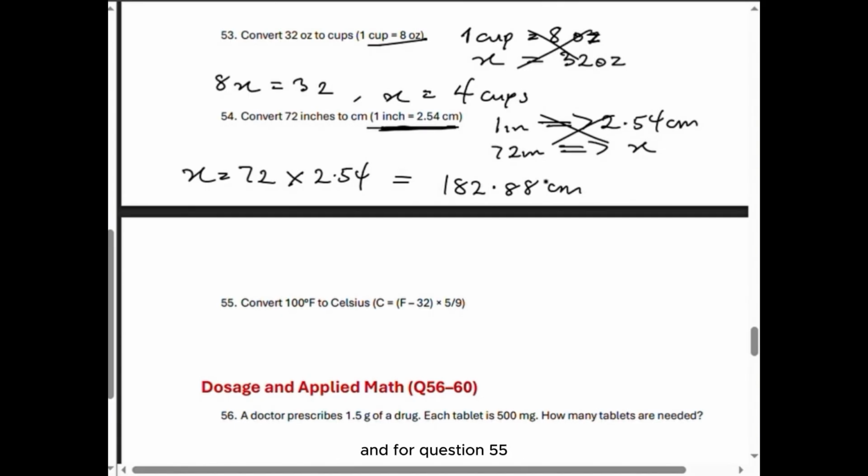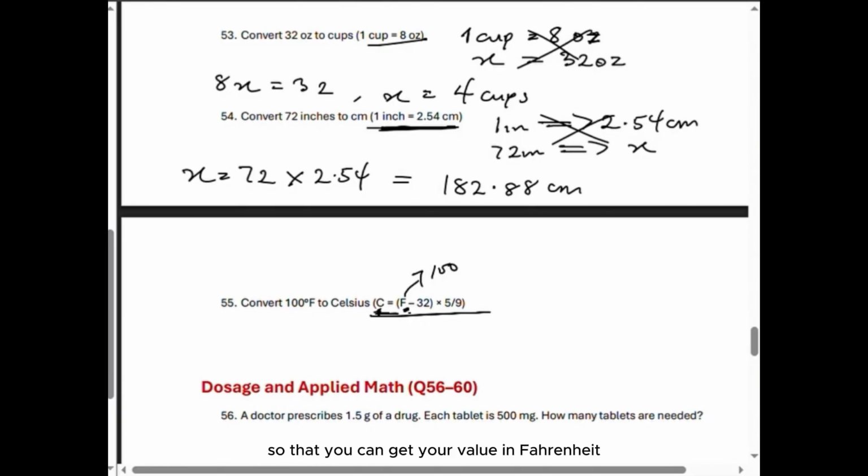And for question 55, we're told to convert 100 degrees Fahrenheit to Celsius. Here we're given Fahrenheit, 100. So you also need to know this conversion, how to convert from Fahrenheit to degrees Celsius. If you're given degrees Celsius and want to move to Fahrenheit, you need to make Fahrenheit the subject of the formula.